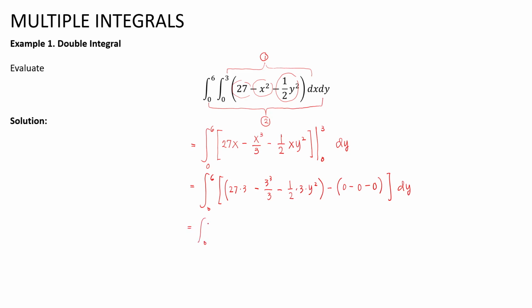So from 0 to 6, what remains is 27 times 3, that will be 81, minus 9, minus 3/2 y squared, dy. 81 minus 9 is 72, so you are going to have 72 minus 3/2 y squared dy.